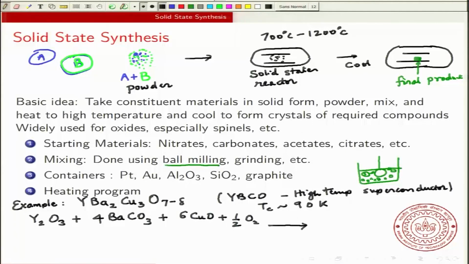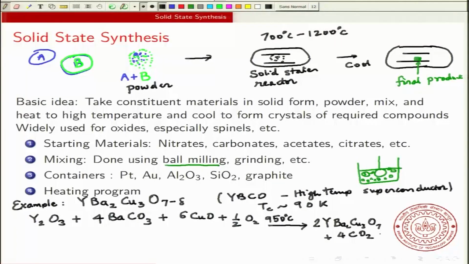If I carry out this reaction at 950 degrees centigrade, then I can get 2 YBa2Cu3O7 plus 4 CO2. So the carbon dioxide is the gas that is produced in this reaction, and if you cool it down, then the carbon dioxide will escape, leaving you crystals of YBCO.